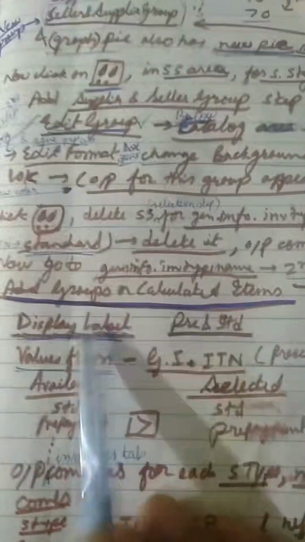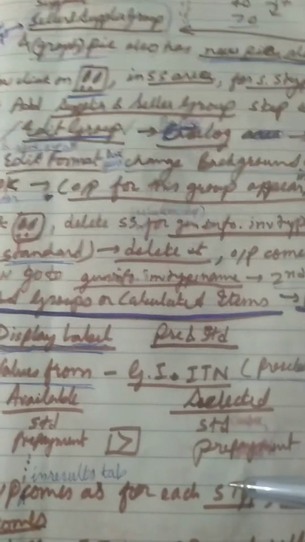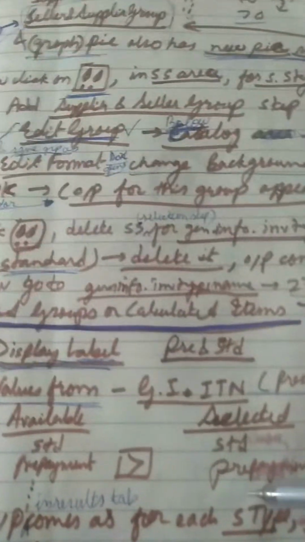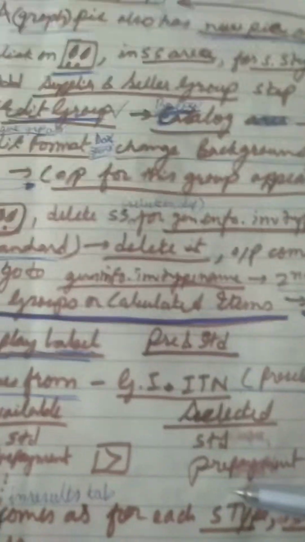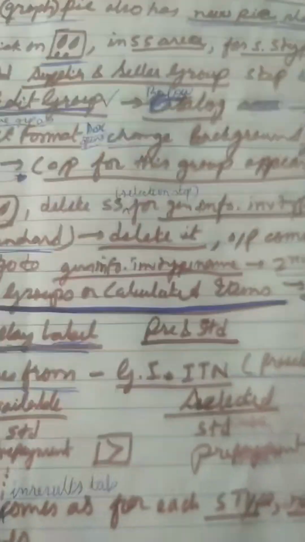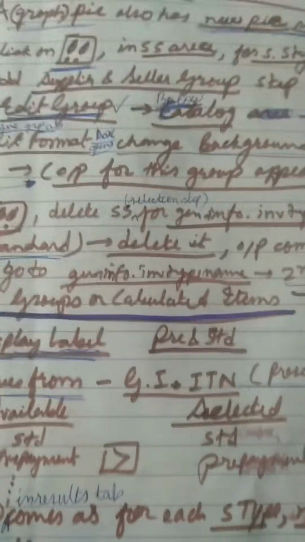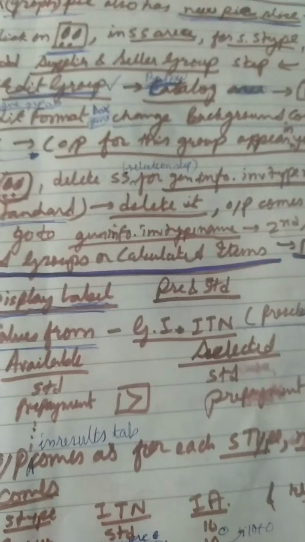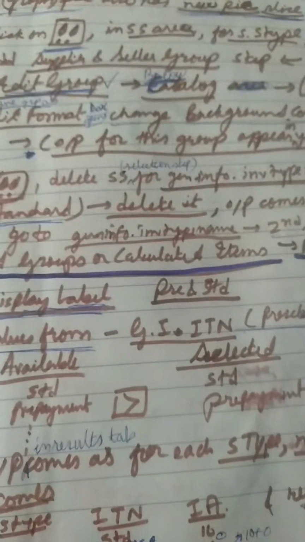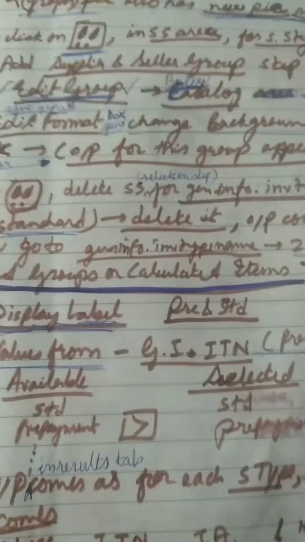Why I did that was because I wanted all the types of invoice. Initially, using the select member option, my action taken was keep only standard value. Right now for showing you a calculated item, I want all types of invoice type names. So I've deleted the selection step for that.